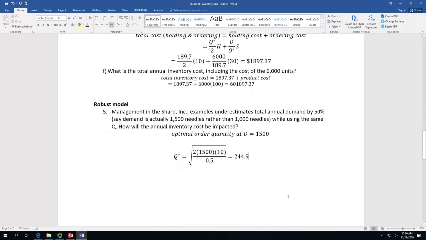Using this as the order quantity, we can get the total annual cost.